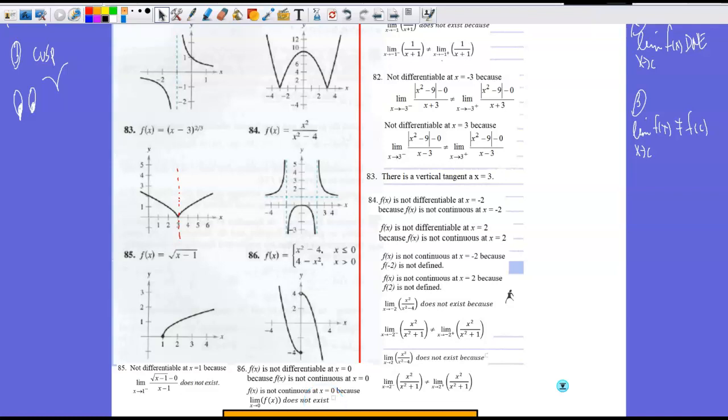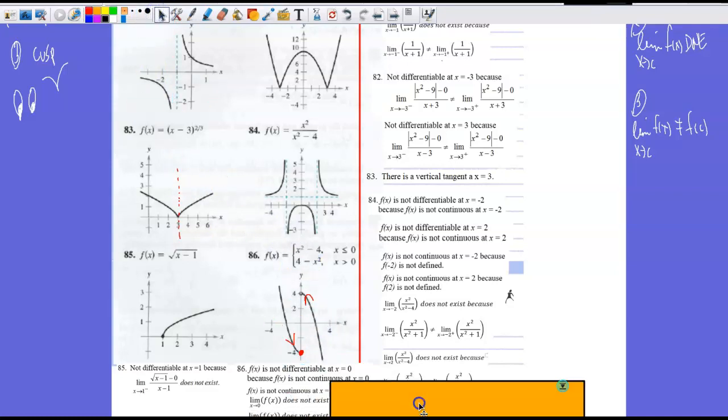Now be careful, I'm not sure what you wrote, but a lot of times students don't notice that there is a y value down here. So f of 0 is -4. The problem is that the limit from the left and right do not agree. Therefore, the function is not continuous because the limit does not exist.